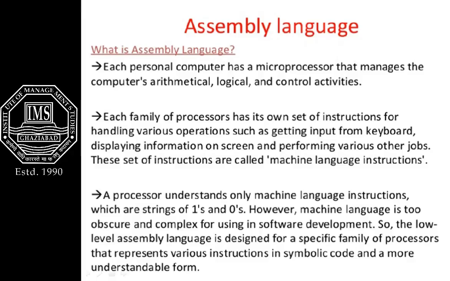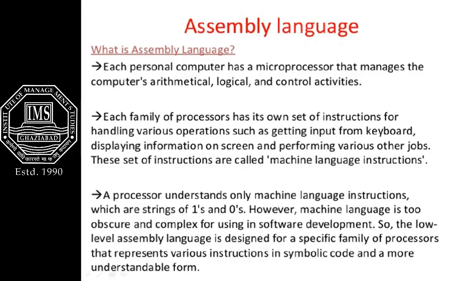So machine level or machine language instructions are the core part, the conceptual or basic part, for any family of instructions or language. A processor understands only machine level language instructions, which are strings of zeros and ones, we know that.